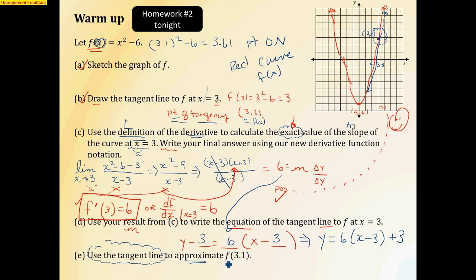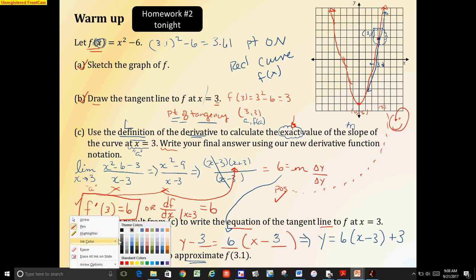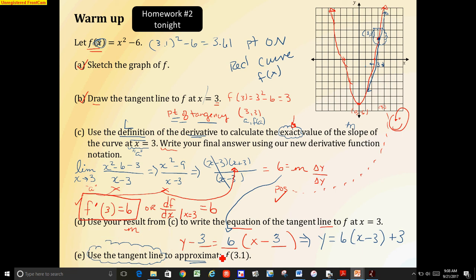Use the tangent line to approximate f of 3.1 means that I'm going to go to my tangent line and plug in 3.1. So 6 times 3.1 minus 3 plus 3.